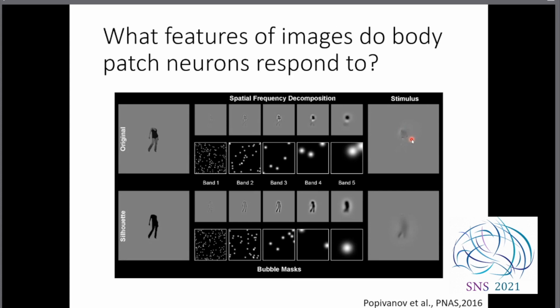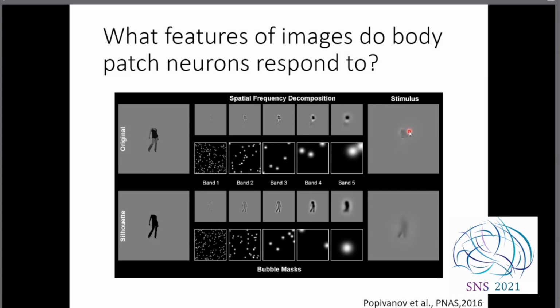Then we use a so-called reverse correlation technique to see which part of the image needs to be present in order to get a good response from the neuron. I'm not going to go into the details here; you can read them in the paper and the publications that used the Bubbles technique. We have many of these stimuli in which different parts at random are present at different spatial frequencies.